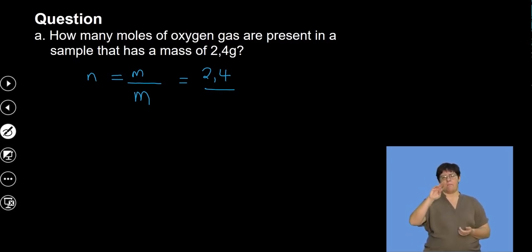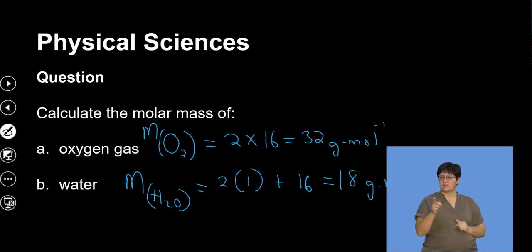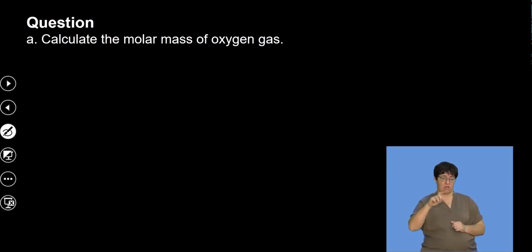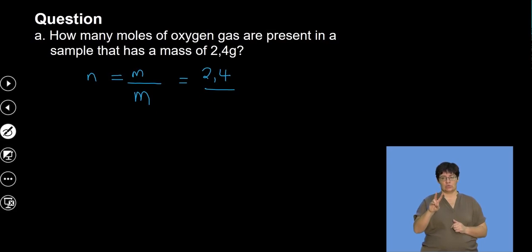We have also calculated the molar mass of oxygen, which is 32 grams per mole. So this is divided by 32, and whatever we get will be in moles.